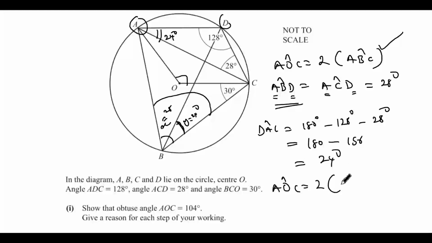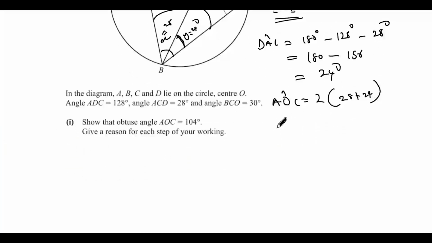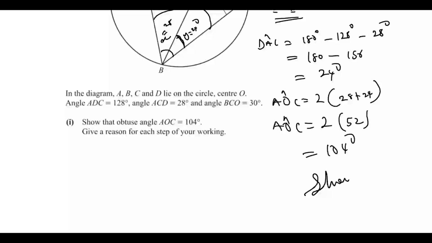So that will be 2 into bracket 28 plus 24. So I can have AOC equal to 2 into bracket 52, and if you expand the bracket, this will be 104. So this has been shown.